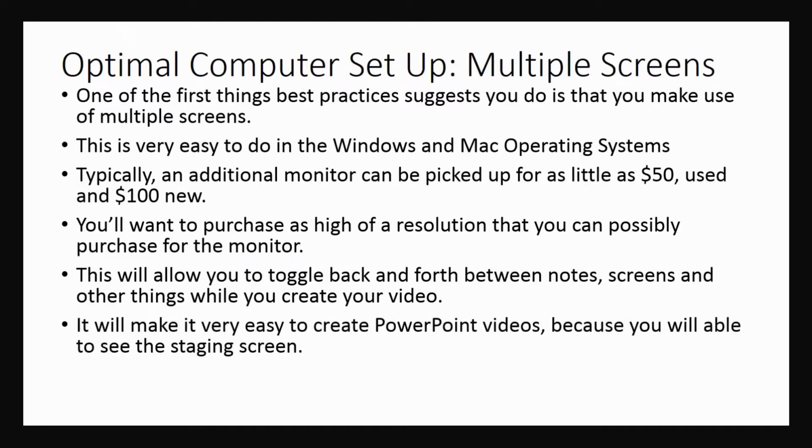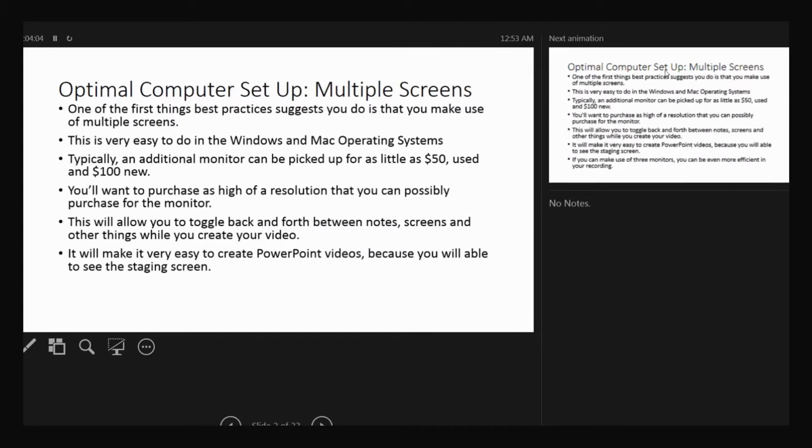And one of the things that you have probably noticed, and maybe you noticed in one of the previous videos in the basic course, is that you can switch back and forth between the presenter view as well as the display view. And this really does help you to be able to monitor where you are.